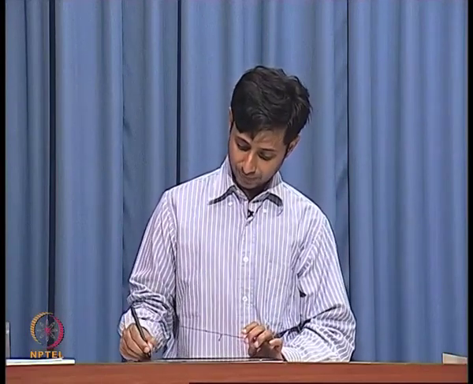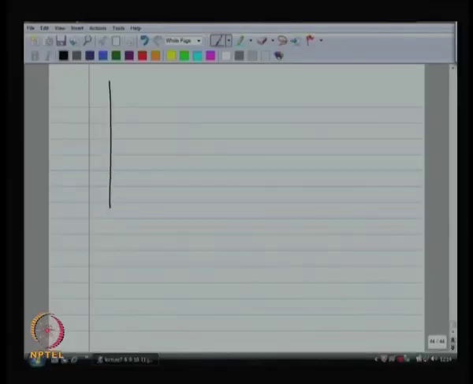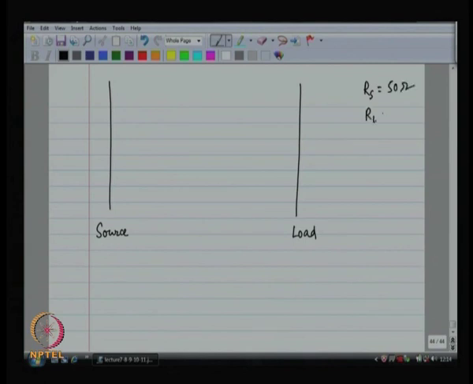So, how are we going to tackle this final example? Suppose it takes me 1 second to travel from the source to the load. Suppose R s is 50 ohms, R L is 50 ohms, and suppose Z naught is 200 ohms.